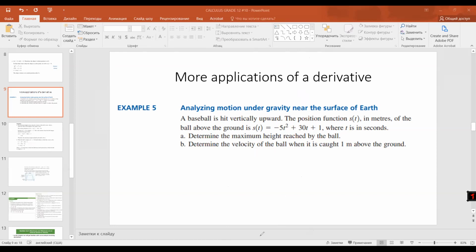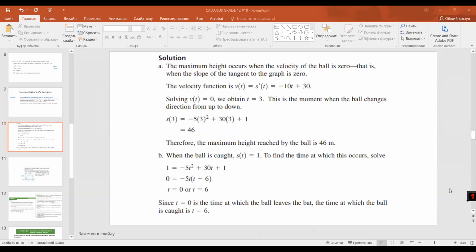Can you show the solution? Write it down and let me know once you've written it down.